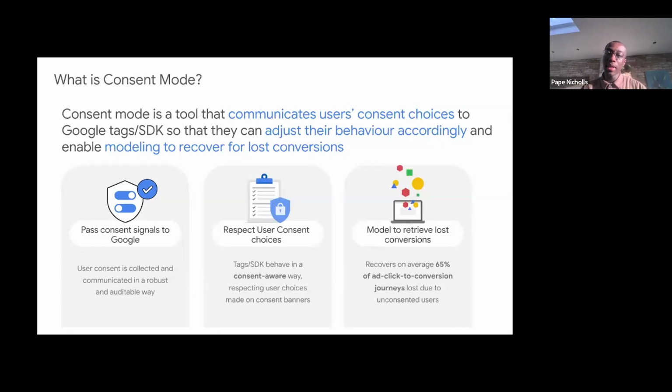I already described what consent mode is, but again, it's an API that enables you to communicate the level of consent provided by the end users for the use of trackers to us, so that then we adjust our tags accordingly.